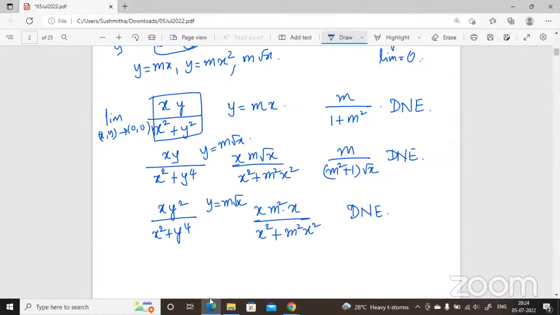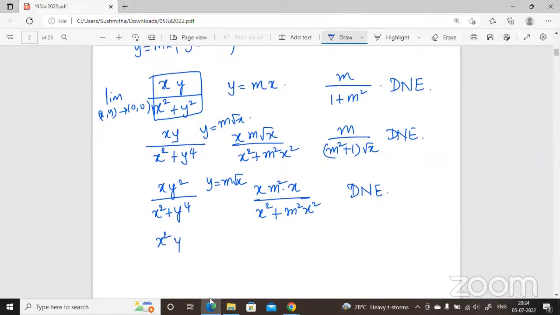Okay. So what about this case? X squared y squared by x squared plus, or let's keep it x squared y by this. Now what happens? Say we take y equal to m by root x.